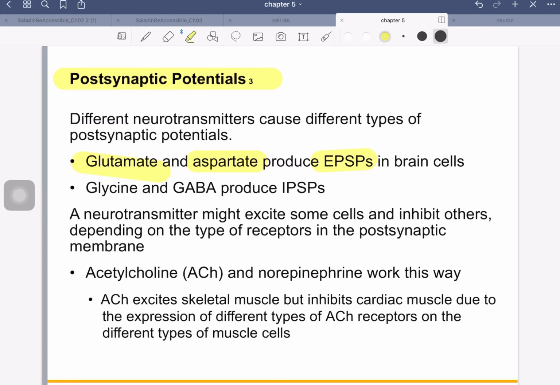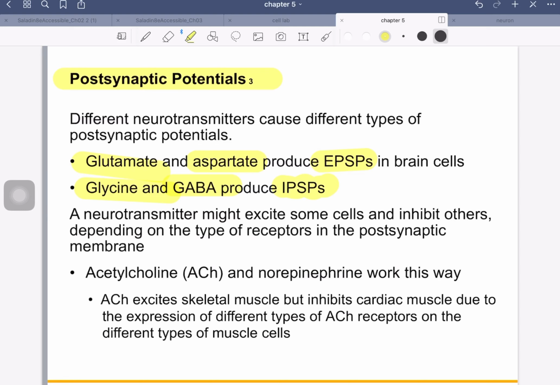Whereas glycine and GABA can produce inhibitory. So one of the things that dictates whether you're going to have an excitatory or inhibitory effect on the neuron beyond the synapse, aka the postsynaptic neuron, is the neurotransmitter.